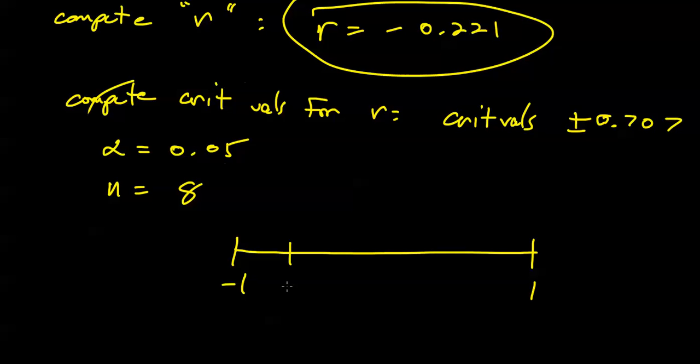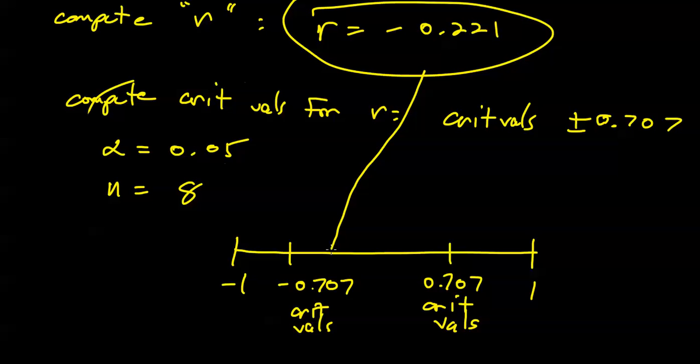Alright, so I'll draw my little diagram for our values. 0.707 positive and negative are going to be my critical values, beyond which I will claim a correlation of some kind. Now here's my verdict arrow, negative 0.221.